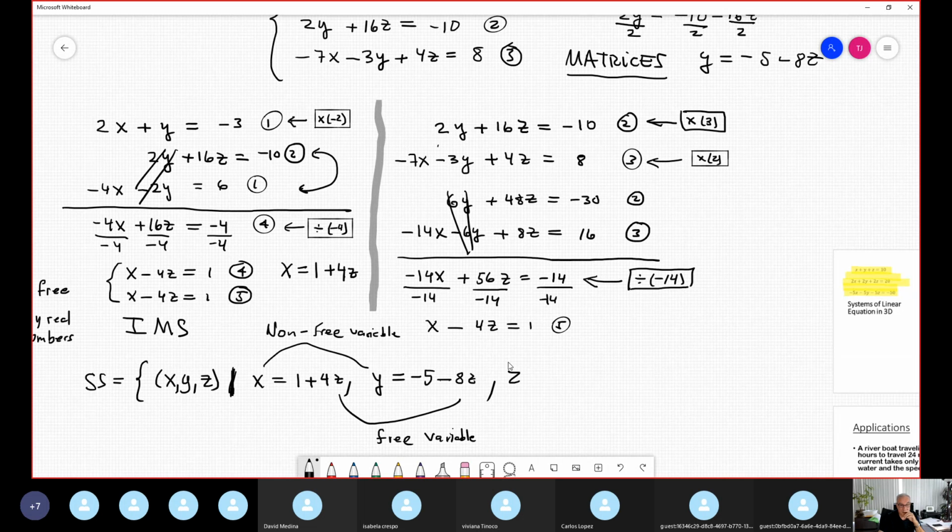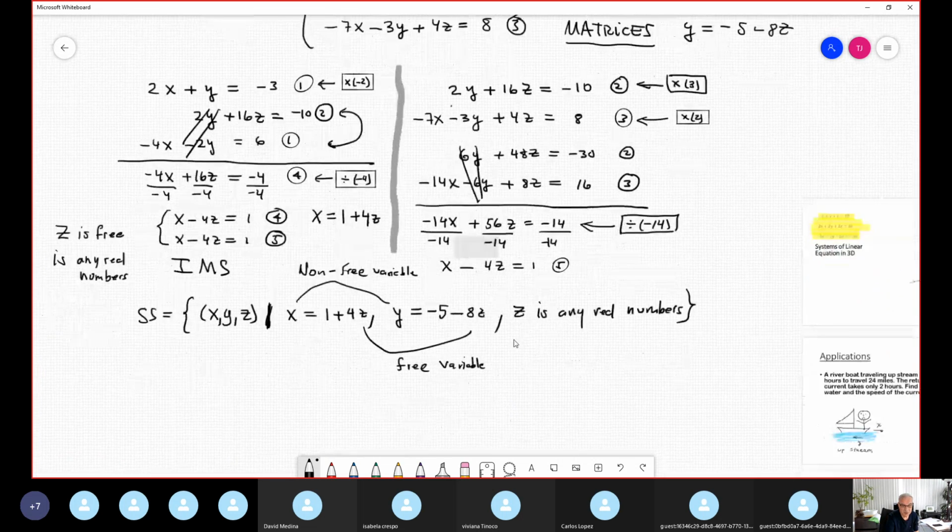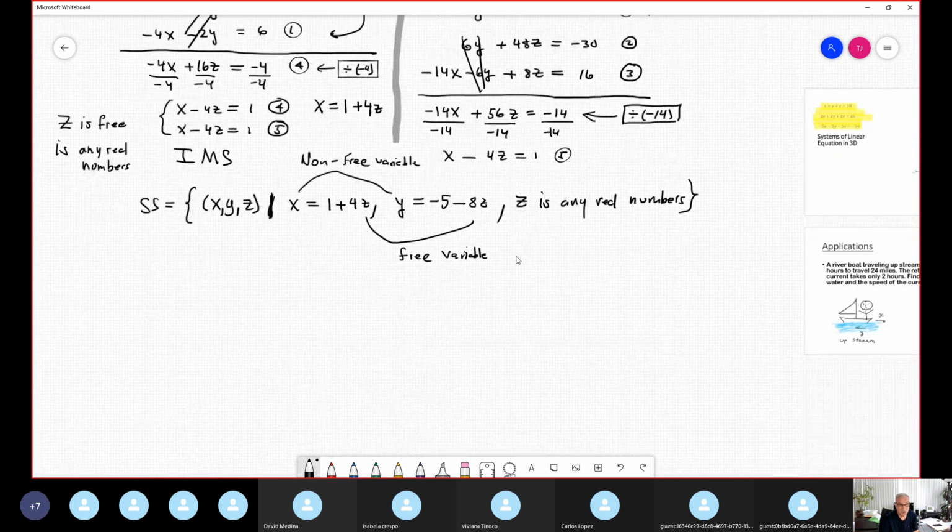And what about z? Well, z is any real number. End of the story. This is the formal way to write the solution set. This is one possibility. Another book uses another way that I want to present because it's similar. So you know that the solution is an ordered triple, x, y, and z.